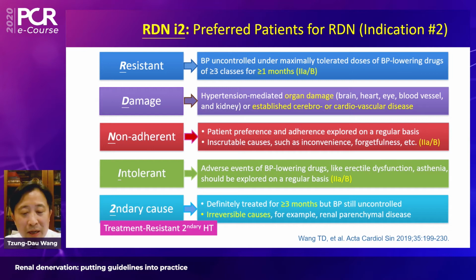Those patients we should not exclude from the treatment of renal denervation because the causes of hypertension are multiple, and renal denervation is effective for all kinds of hypertensive patients. So if that belongs to the category of treatment-resistant secondary hypertension, consider renal denervation. They are still candidates for renal denervation.